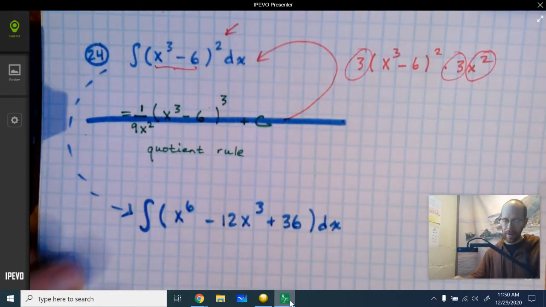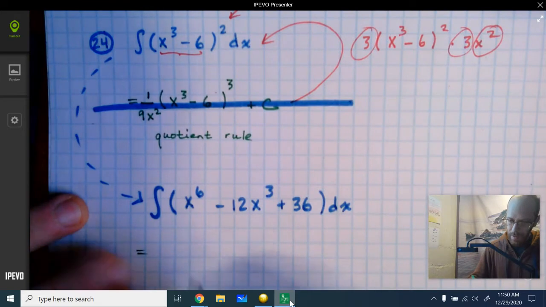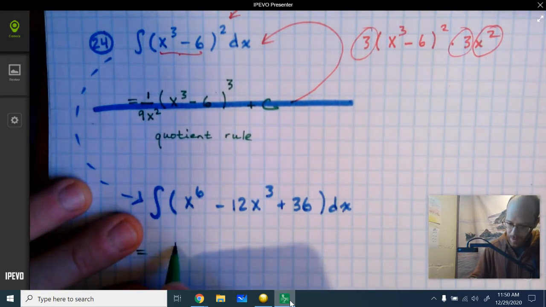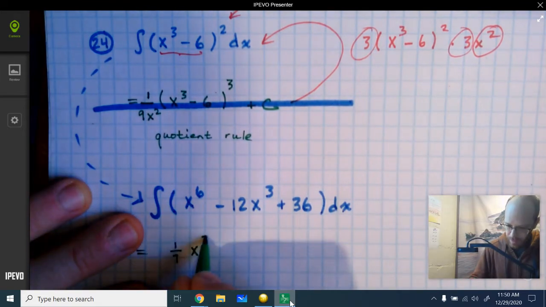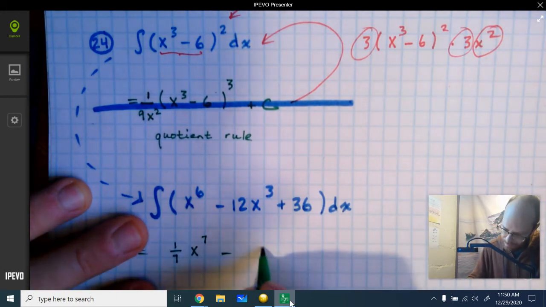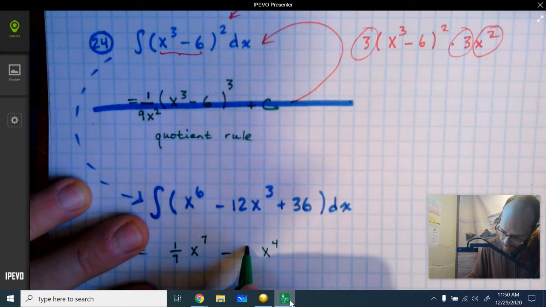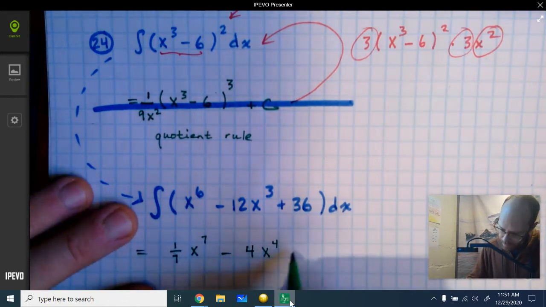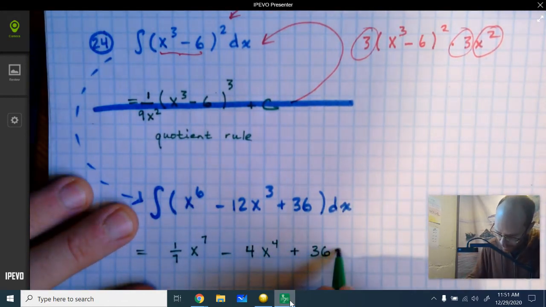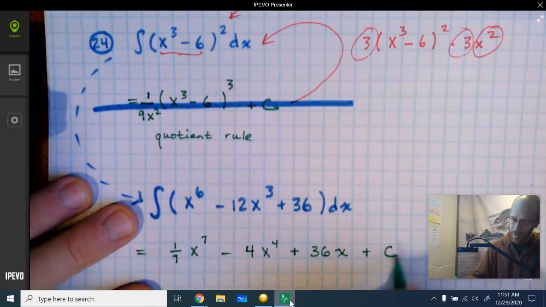And now once we get here, taking our antiderivative is just a matter of saying antiderivative of first term, antiderivative of second term, antiderivative of third term, slap a C on it.